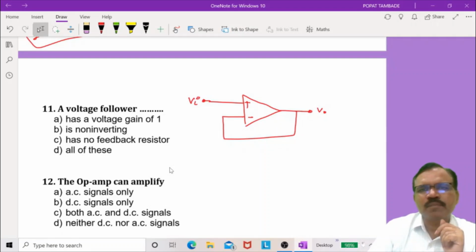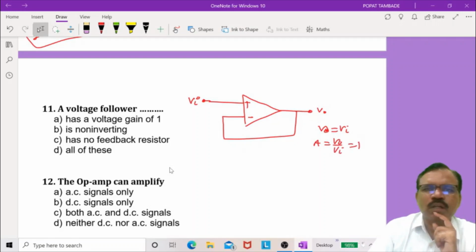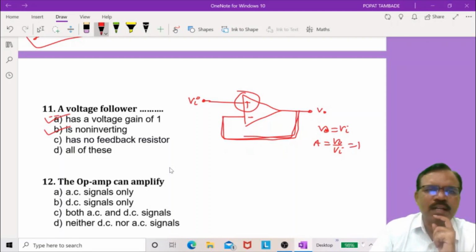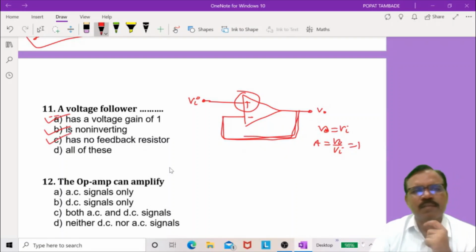So what happens here? Here generally V0 is equal to Vi. So the gain, that is V0 upon Vi, is equal to 1. So the first one is correct. Input is given to the non-inverting terminal, so it is non-inverting. And if we see this feedback, there is no resistance in the feedback, so it has no resistor in the feedback. So all of these are correct.